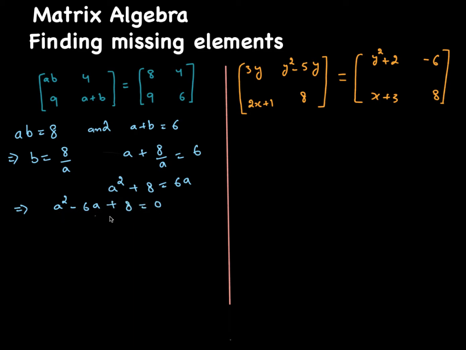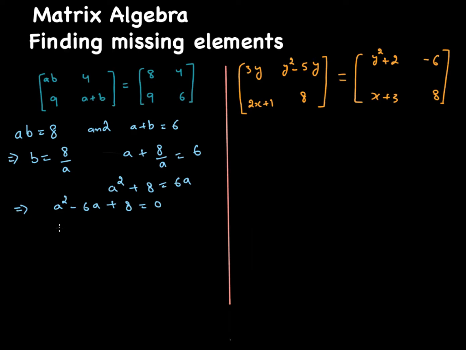Now this equation looks like a quadratic equation, and we can find the value of A by factoring it. I have made another video a few days ago where I went over the quickest or the best method to factor this equation. So if you'd like to know how to factor, go and watch my other video. I'm not going to spend too much time on that, I'm going to solve it really quick.